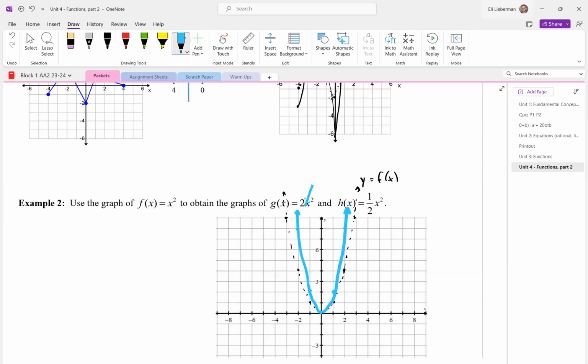We'll call that one y equals g of x. Now the third one, h of x equals 1/2 x squared.